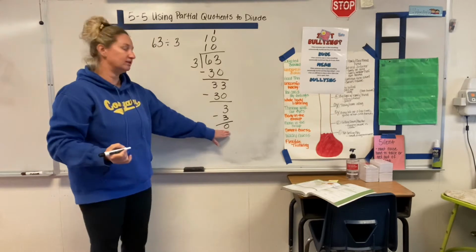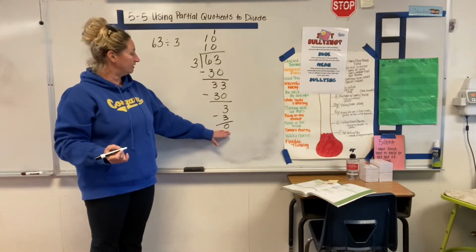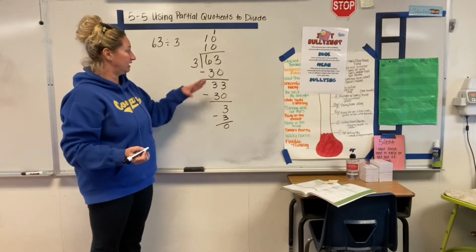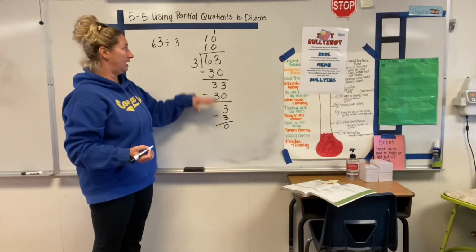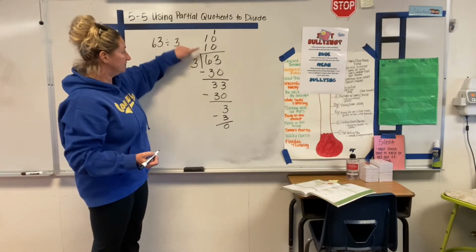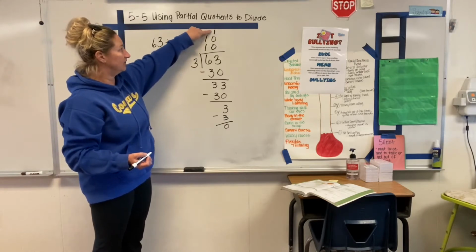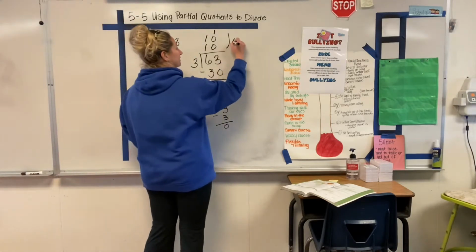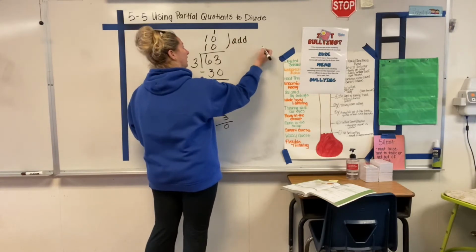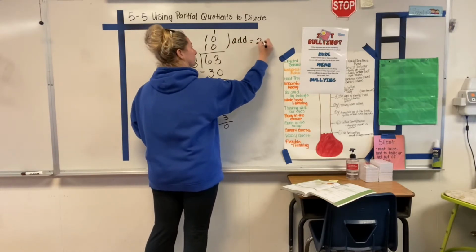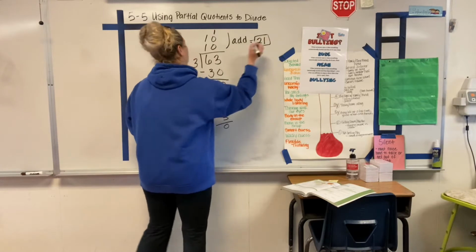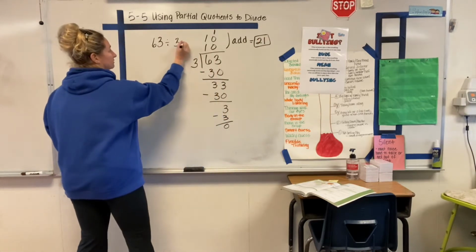Now I have nothing left, so I have divided 3 into 63 completely, all right? And first I did 10 times, then I did another 10 times, and then a 1. So then I'm going to add these up, and I get 21. Okay, so 63 divided by 3 is 21.